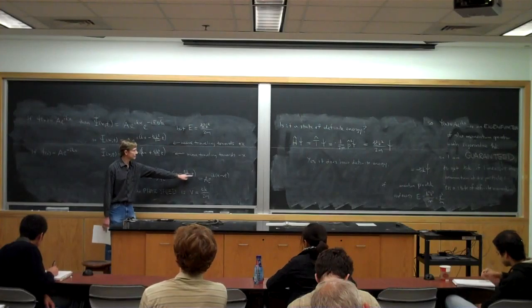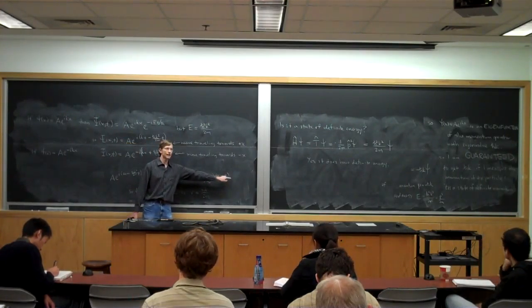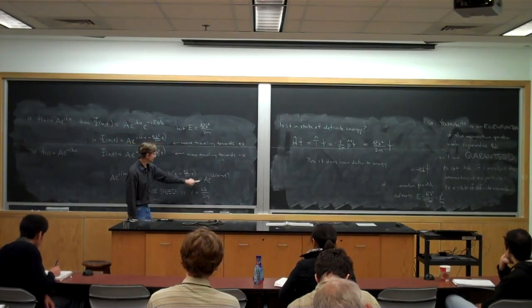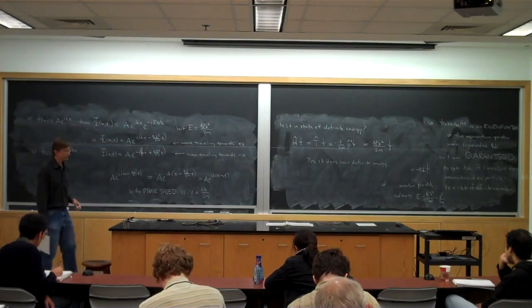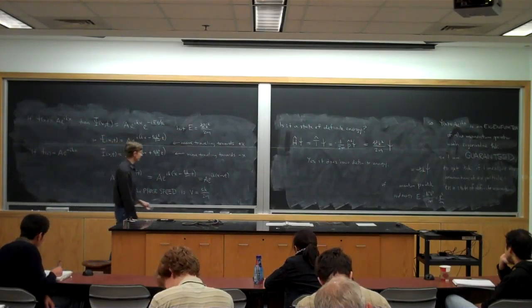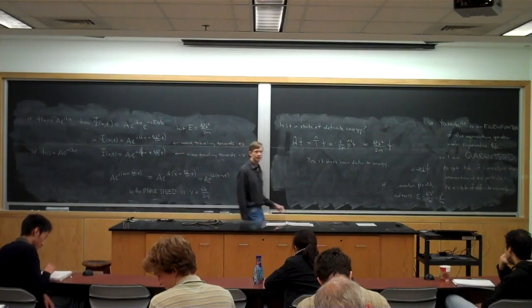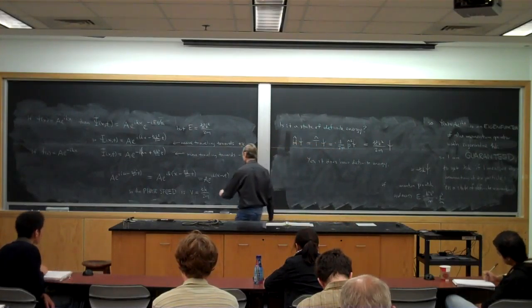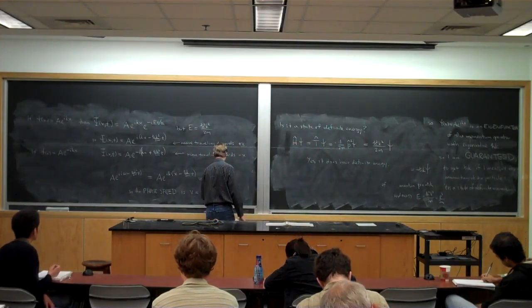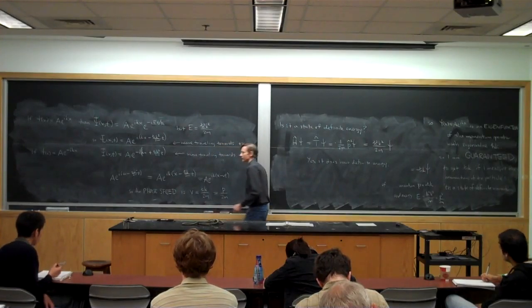The coefficient of t, when I write it as a function of x minus vt, is the speed the crest of the wave is traveling. So it's moving at speed h bar k over 2m. What's h bar k? The momentum, p. So it's moving at speed p over 2m.